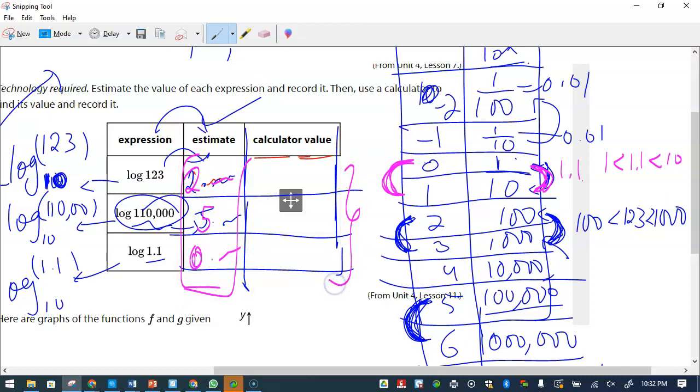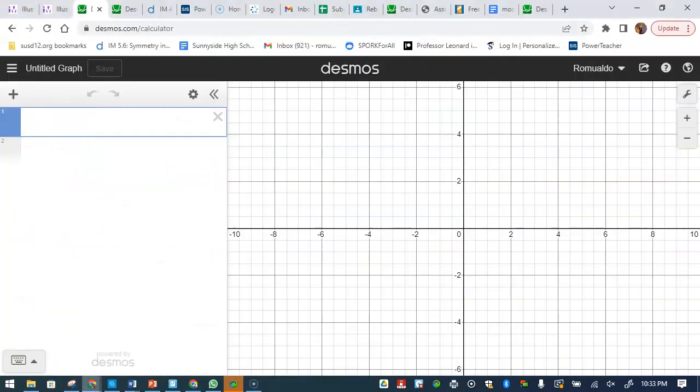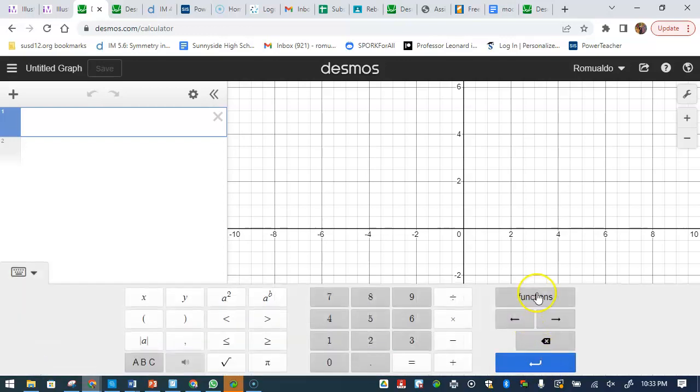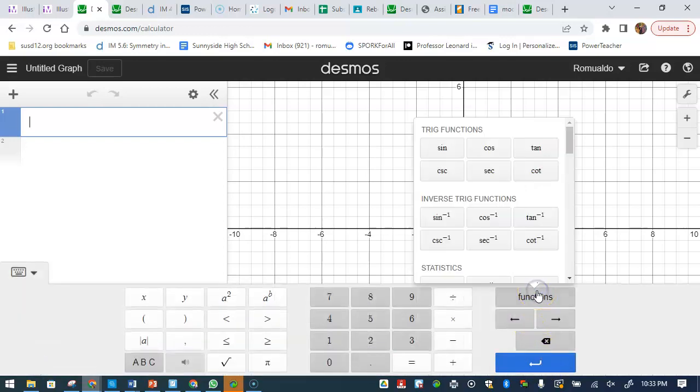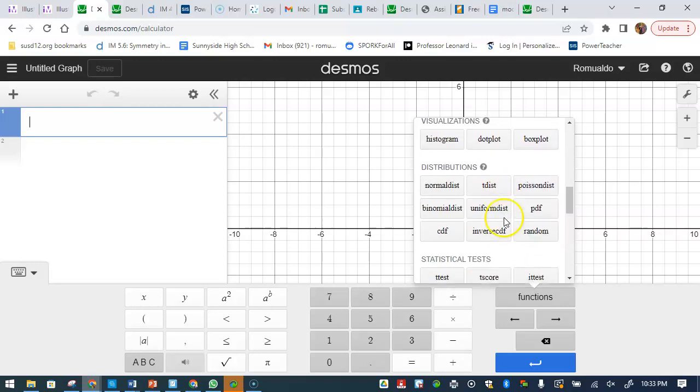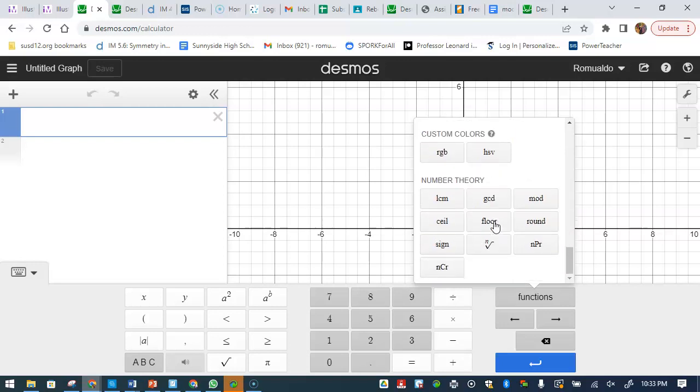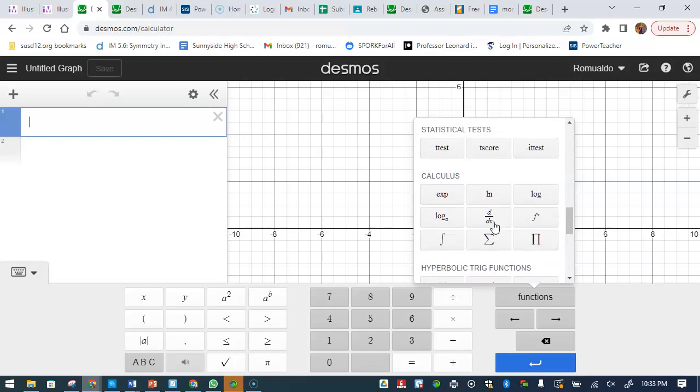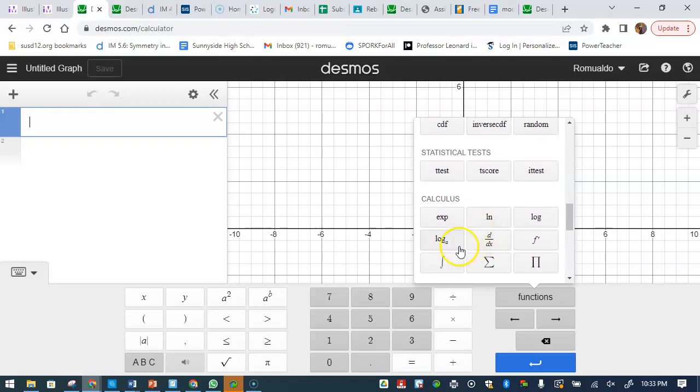If you want to know using the calculator, we'll have to go directly to the site. Click here, and there's log of, click here, all the way go down, right here, see?